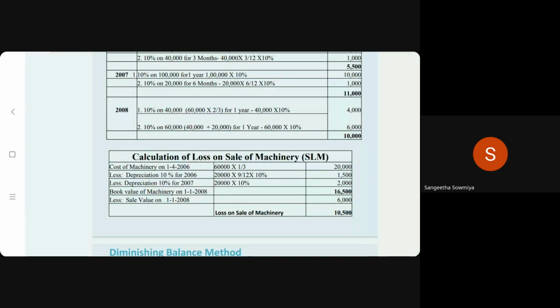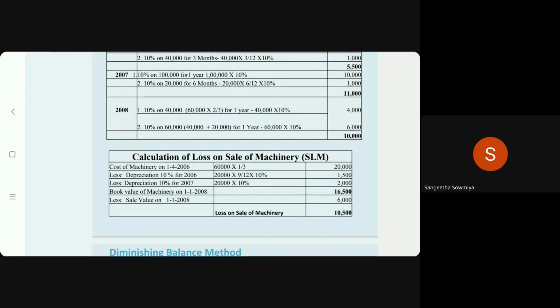You have to calculate for the 1/3 machinery, so 20,000 into 10% into 9/12. Then in 2007, you have to calculate 10% depreciation. So for the first year and second year, you have to deduct depreciation. For the third year, depreciation will not be involved. Why? Because you are going to sell on 1/1/2008, January 1st itself. So there will be no depreciation for 2008 for that sale of machinery.